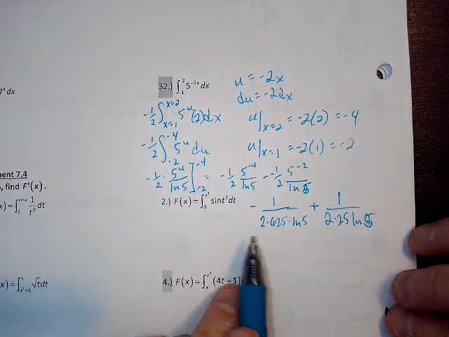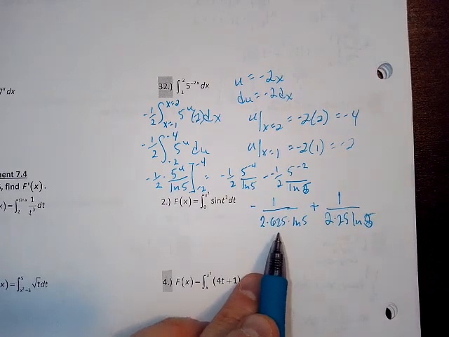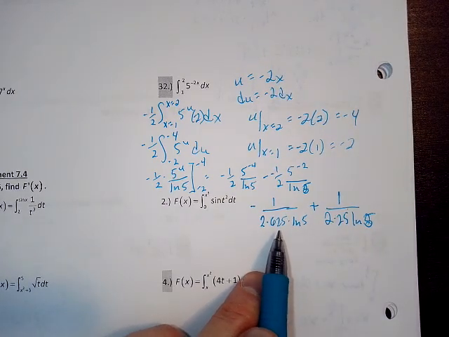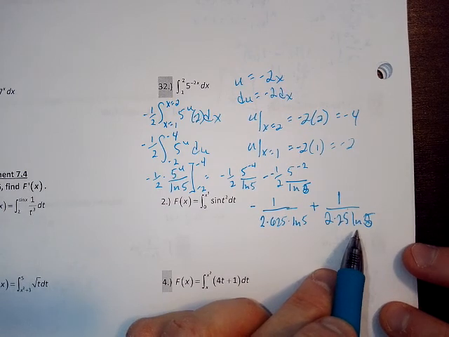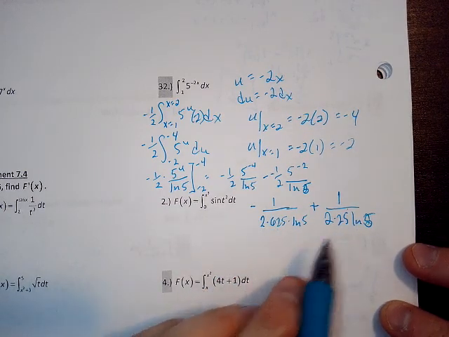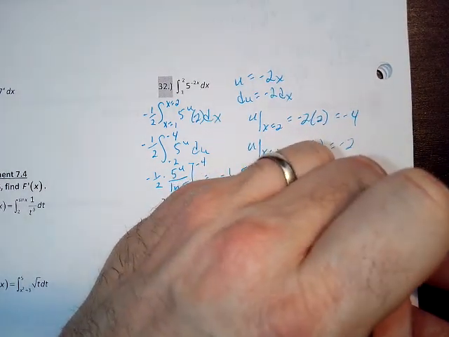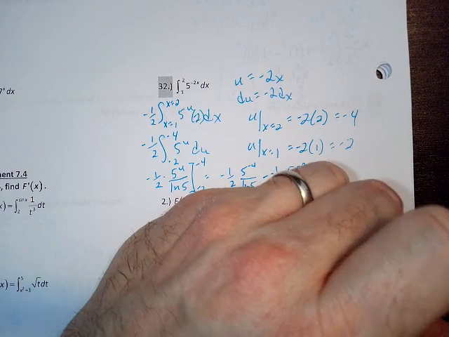All right, and so now I need a common denominator, right? So I'm going to have to multiply, this has a 1/2, 625, 25, so I need to multiply top and bottom of this fraction by 25. And so I do that.